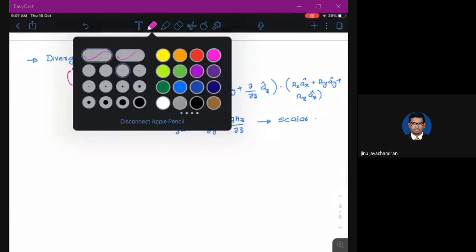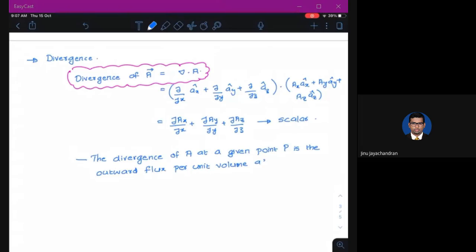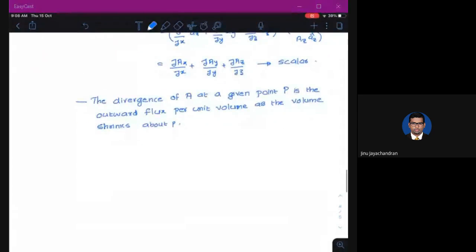Okay, and we define divergence as follows: the divergence of A at a given point P is the outward flux per unit volume as the volume shrinks about P. Let's say there is a volume of a cube, assume.